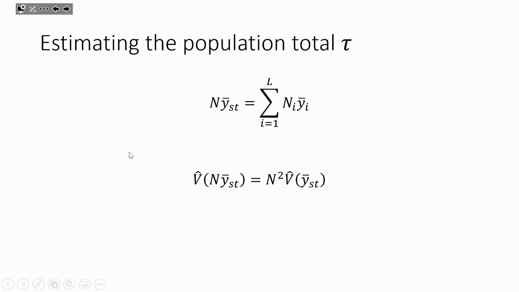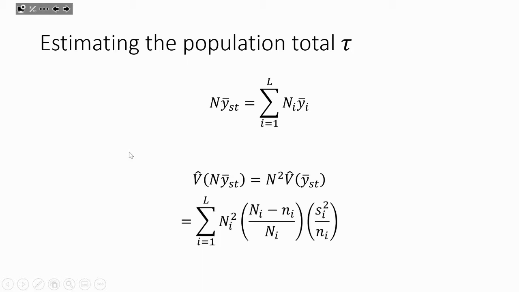And you'll recall that when we want to find the variance of big N times a random variable, we can pull the constant, big N, outside the variance, and then it becomes squared. So we really just end up with an estimate of the variance of our estimator for tau of the same thing that we had for our variance for y bar sub st, just times N squared.